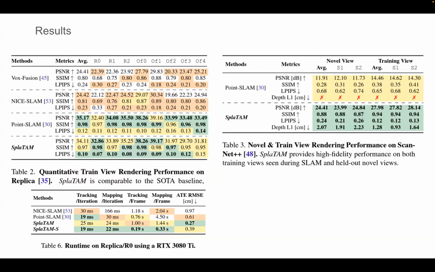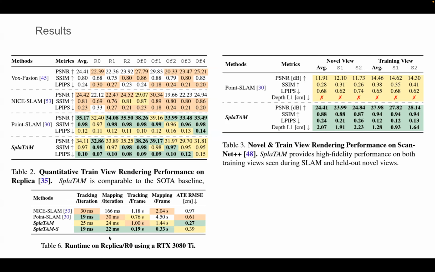And also they show PSNR and image quality metrics. Again, they perform very well compared to Point-SLAM and some other SLAM systems based on voxels. Another important thing was their runtime, which is real time.